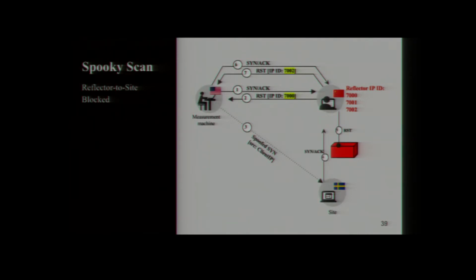Bear with me on the third case, when the reflector to the site is being blocked. I will see 7,000, 7,002, but the reset response won't get there, so there's going to be a retransmission here, and I'm going to see a 7,004. So what am I going to see? 2, 2.